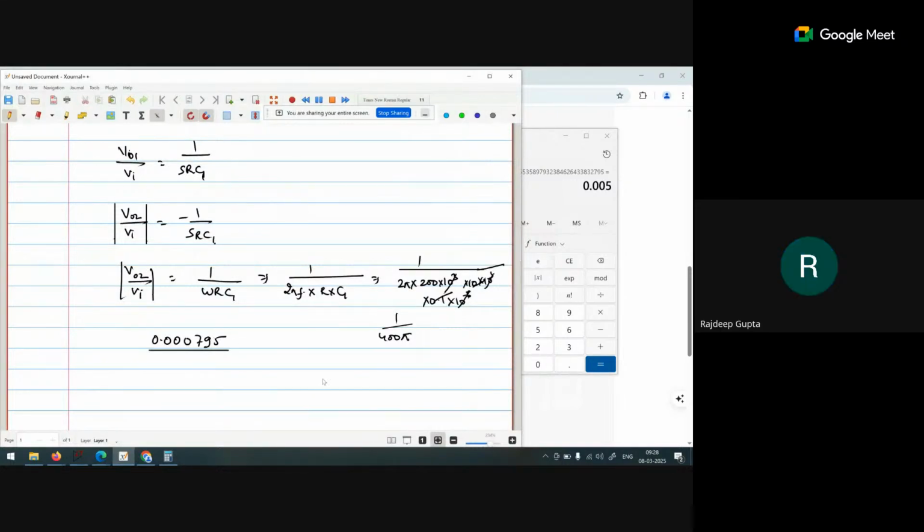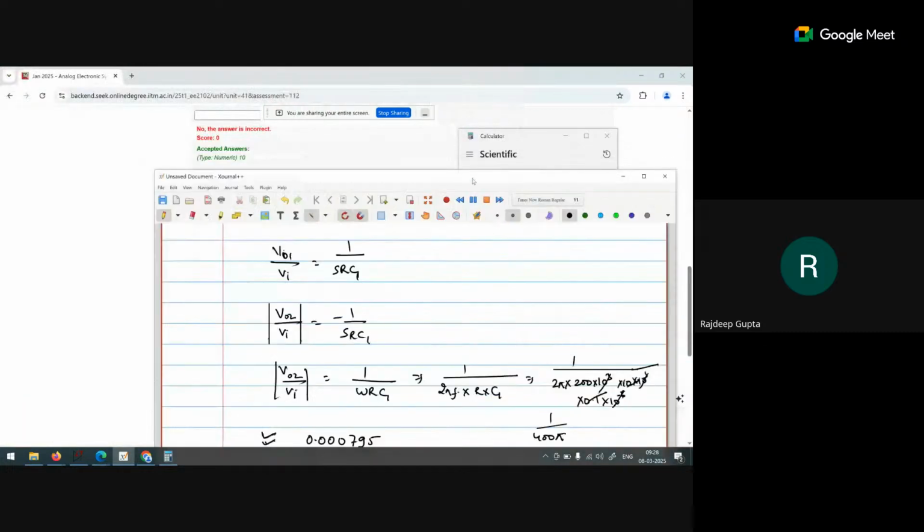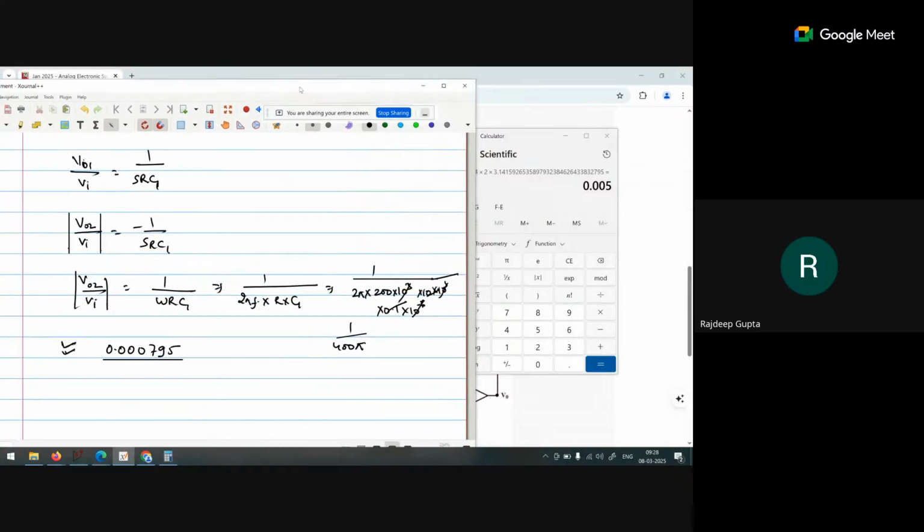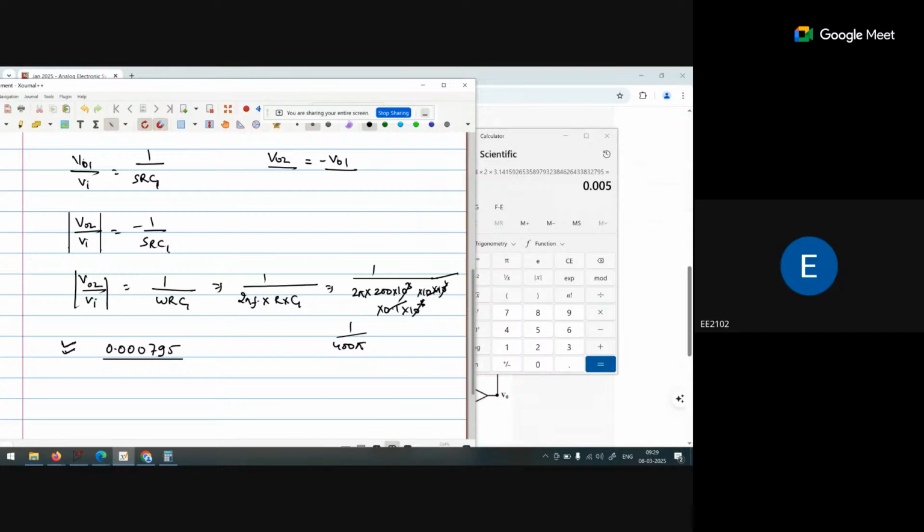So it is VO2 upon VO1 equal to minus 1 upon SRC. Where we have written the solution, V naught 2 is equal to minus V naught 1. V naught 1 upon Vi is 1 upon SRC.